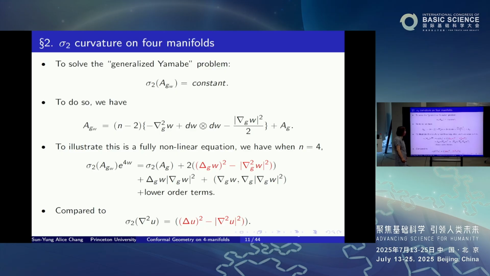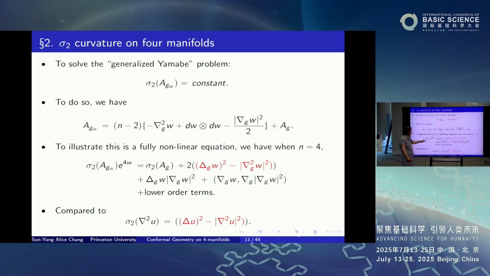Okay, so let me still come back to studying in 4 dimensions what the sigma 2(A_{g_w}) equal to constant means. So we change conformally g_w, and then the leading order terms: the Schouten tensor has two terms, one is the Hessian, and one is the gradient of w squared, and so on. There is this explicit expression.